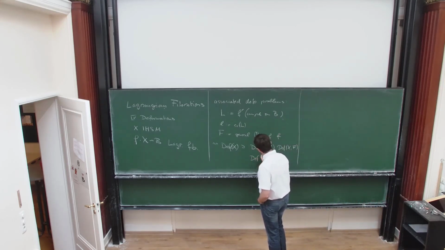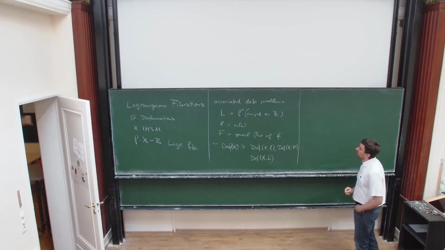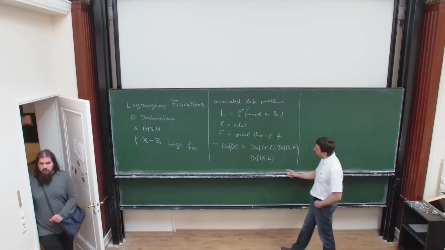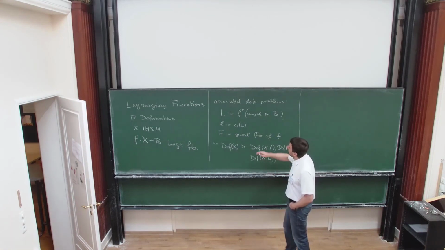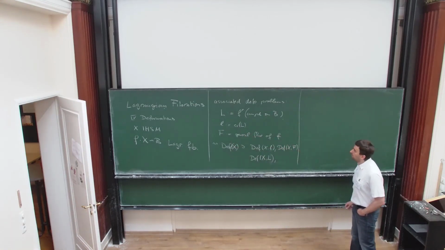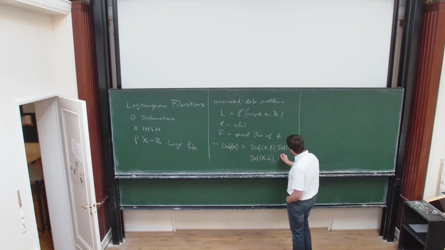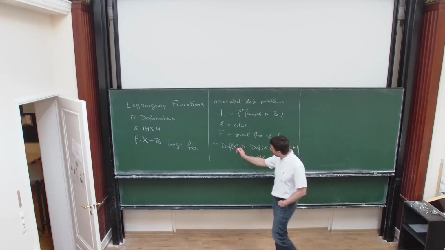Then there is Def(X, L), and then there is the locus where the class l deforms along. That's also known as the Hodge locus. These are four subspaces in this space here.